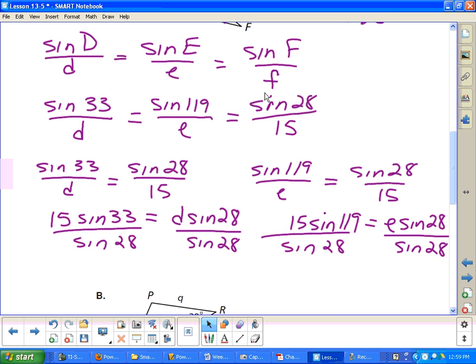Okay, I cheated. So side D is approximate, side E is approximate.